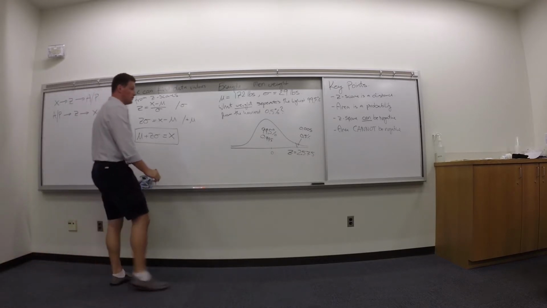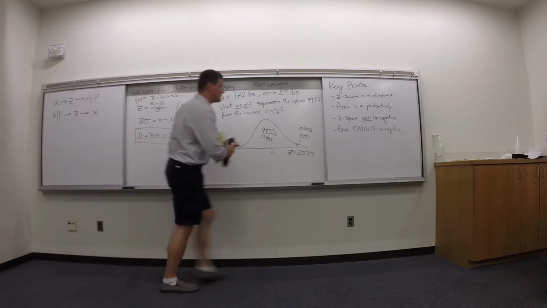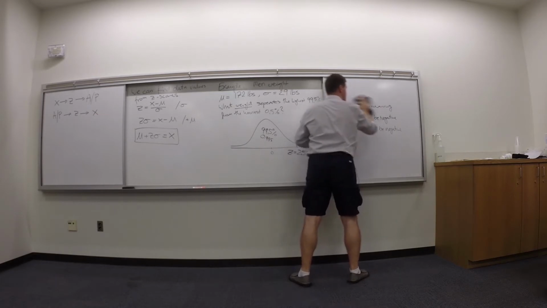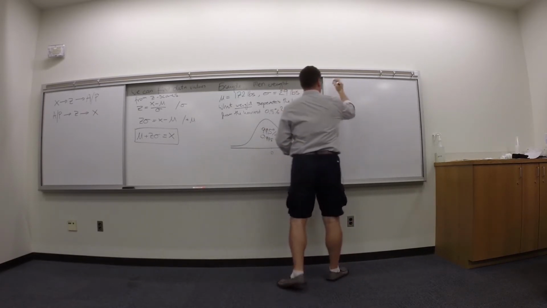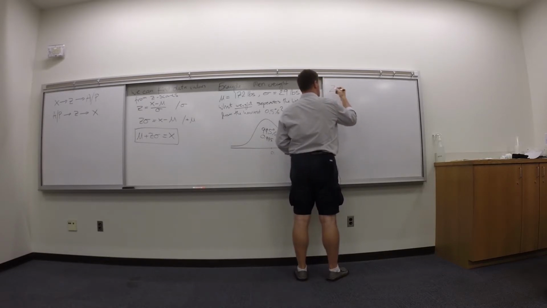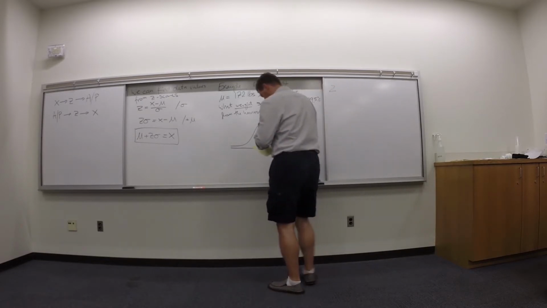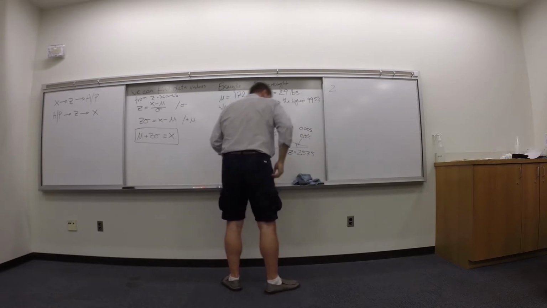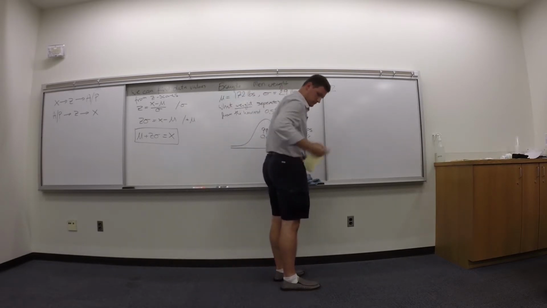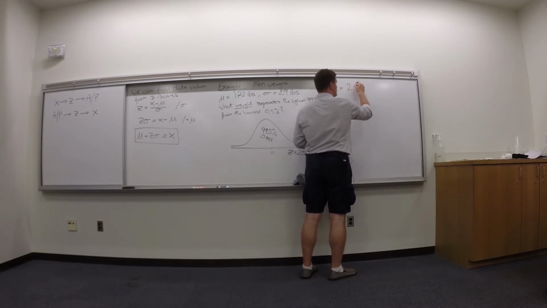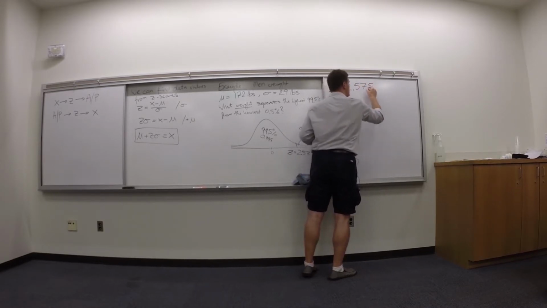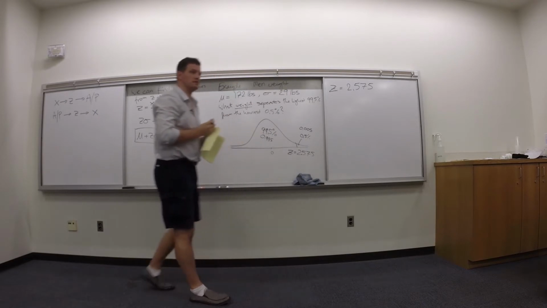So now we have the z-score at 2.575. So how do we find the value?